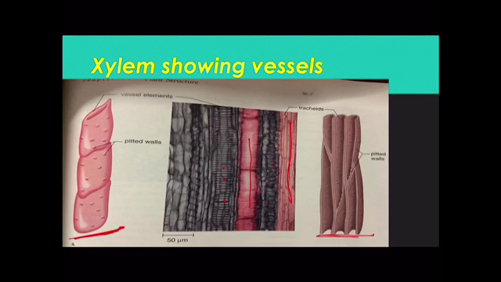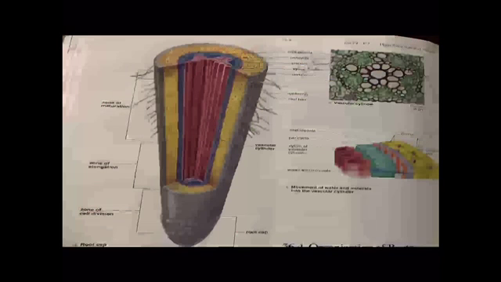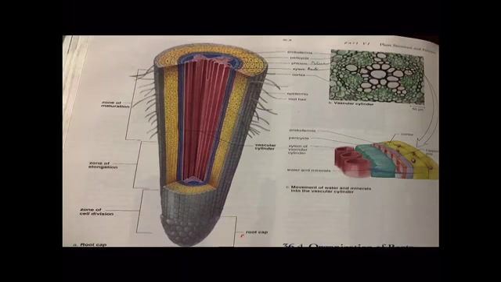Okay, so these are the different tissues showing vessels also, and now I am showing you the arrangement. You can see here the root tip, with the root cap, and this is a dicot root.